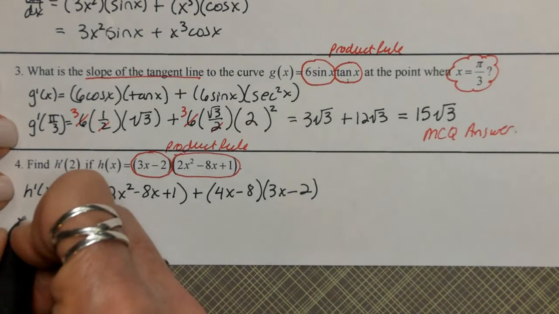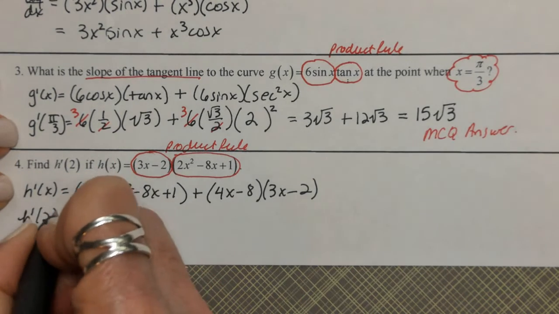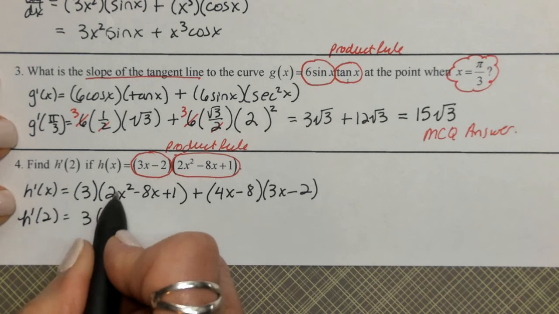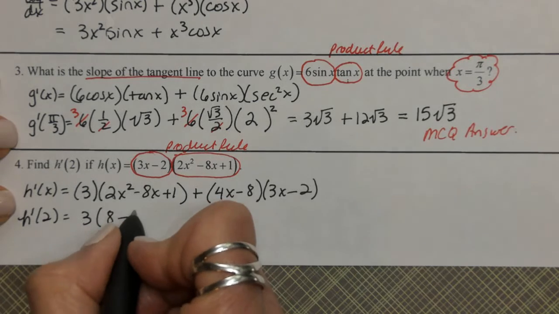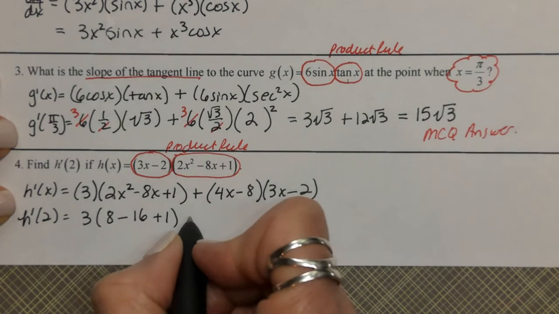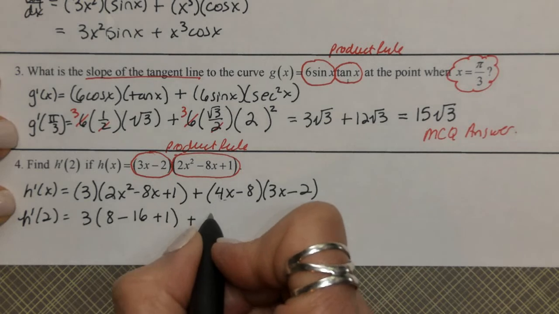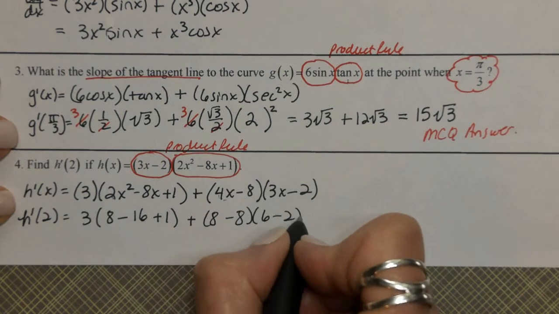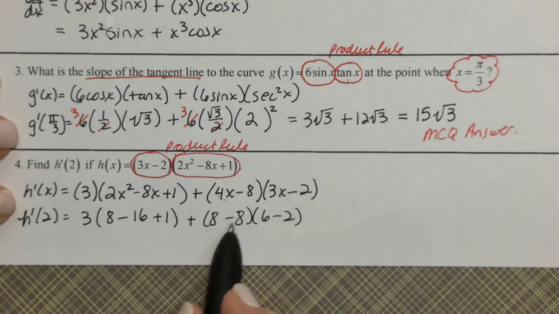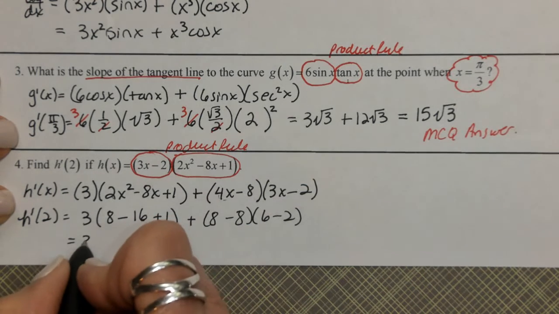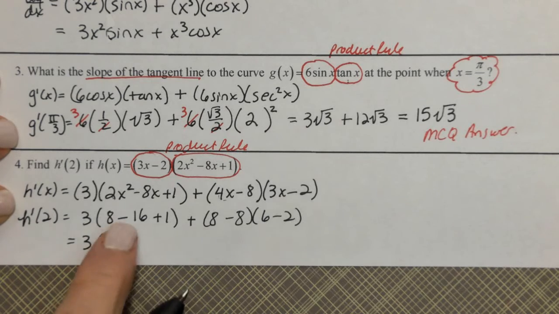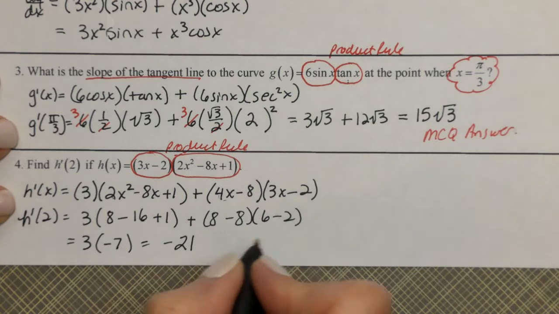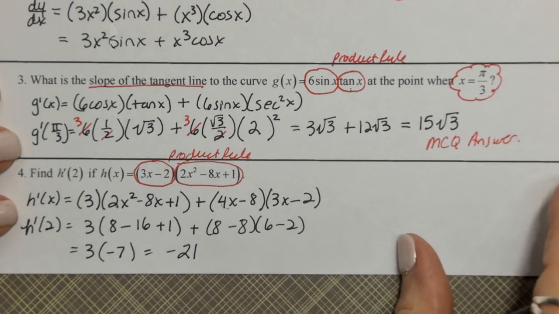Okay, time to plug in our 2 for x, and I will have 2 times 4 is 8, minus 16 plus 1, plus 2 times 4 is 8, minus this 8, that's just going to be a 0. Doesn't really matter what's back there then, because that piece is just going to be a 0. This is 3 times negative 8 plus 1 is negative 7, so this turns out to be a negative 21. Multiple choice answer.